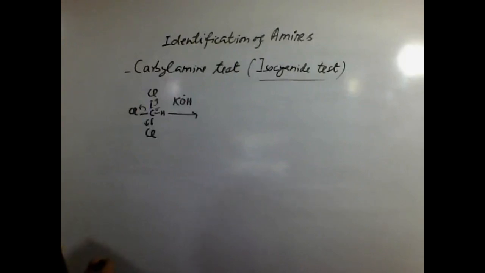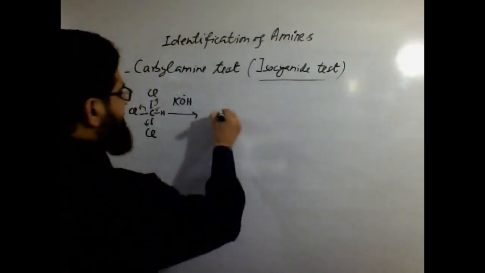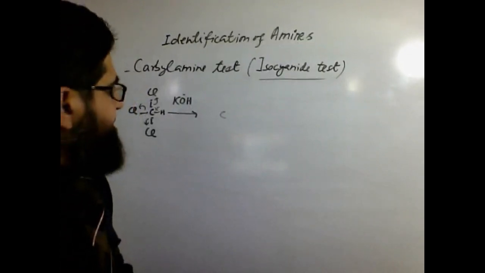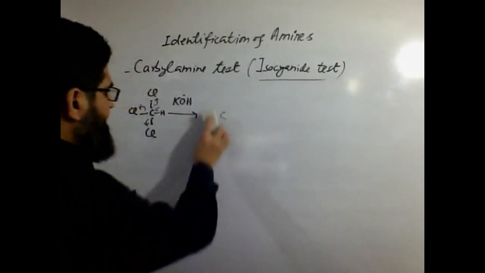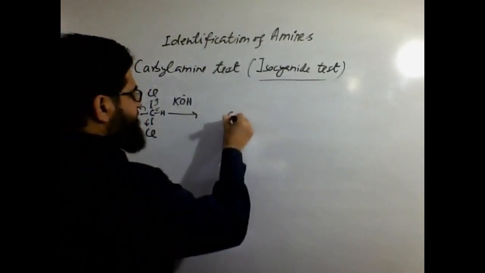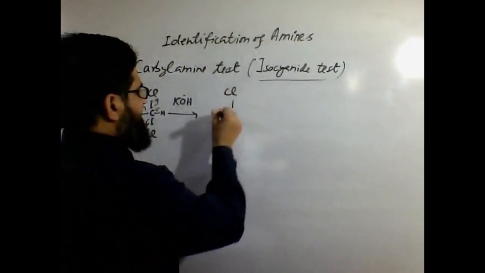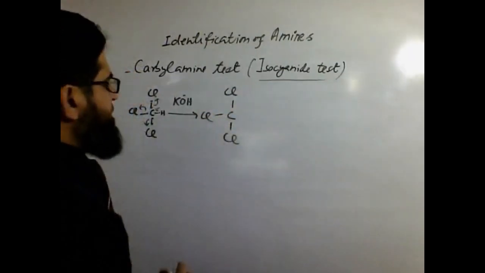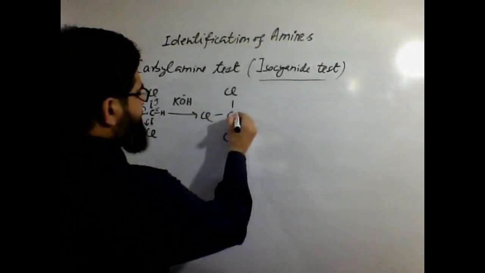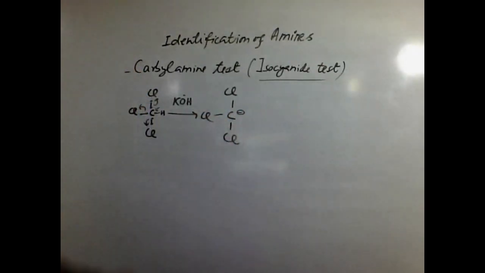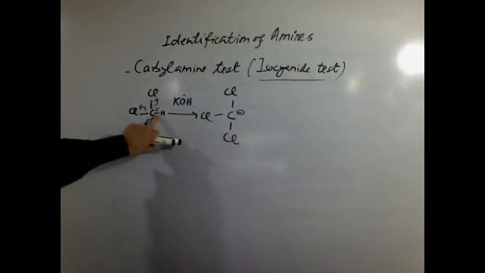Resultantly, it can be removed easily by the hydroxyl group from the base. So the carbon is supposed to carry the negative charge because it has the electron of the hydrogen.